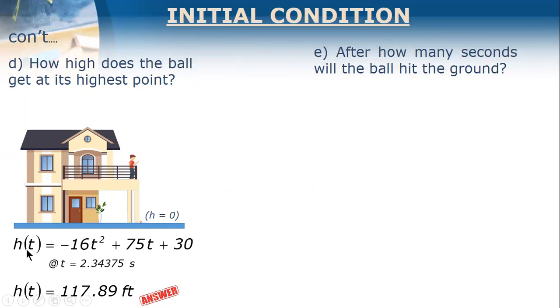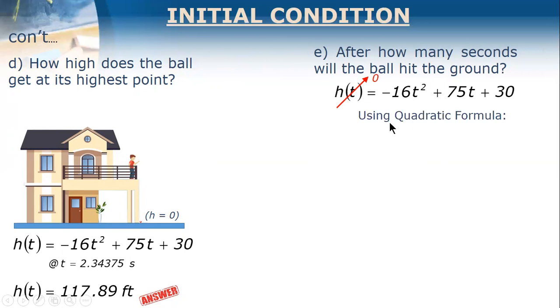This expression is the height of the ball above ground level. So therefore, we equate h to 0 and solve for t. And to solve for t, either you will use factoring, if it can be factored out. If not, then you will use the quadratic formula. Assuming that you already know how to use the quadratic formula, then the value of t by using the quadratic formula is 5.058 seconds.